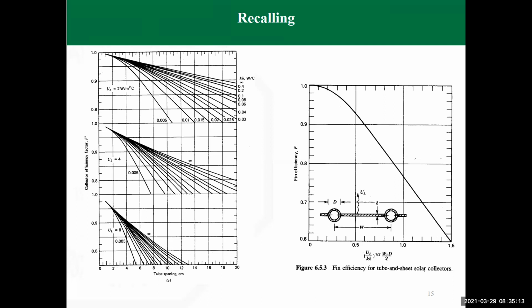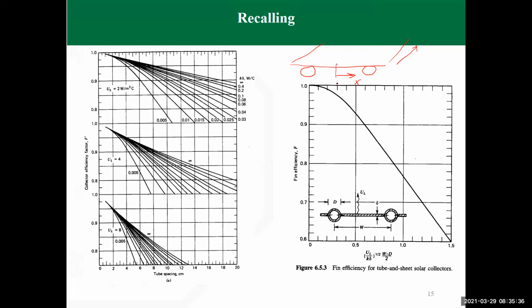If this is the setup, this is the absorbing plate and these are the tubes of the solar collector. The length of the solar collector is perpendicular to the page. So far, we are interested in how the heat is distributed in the X direction.